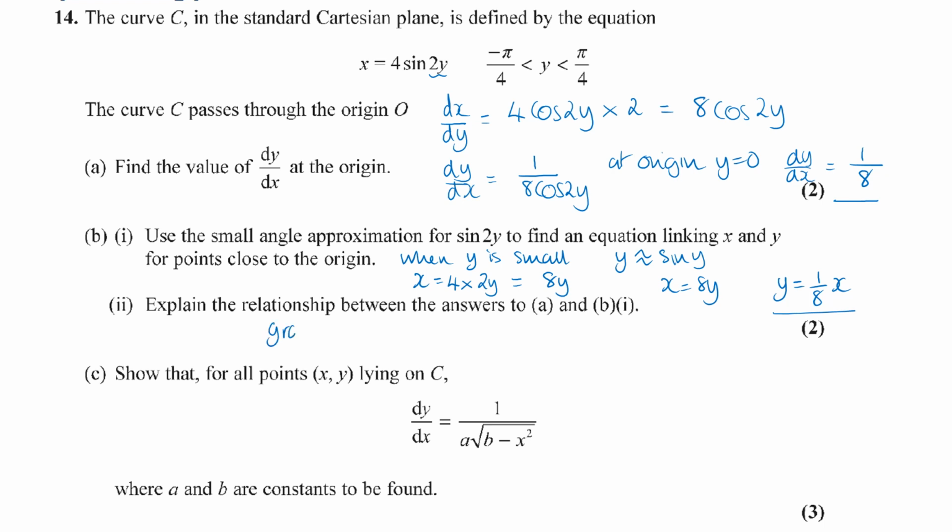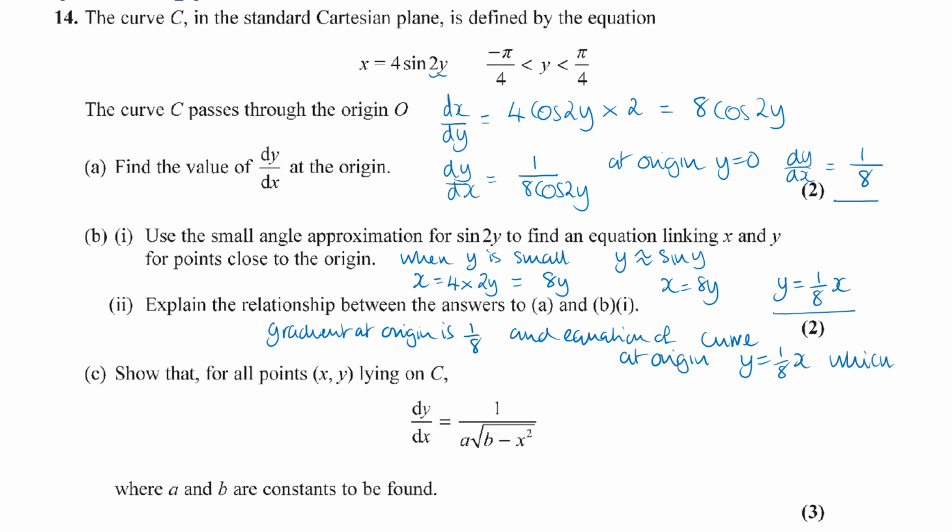So gradient at the origin is 1/8, and equation of curve at origin, because when y is small, is y equals 1/8 x, which also has the same gradient, which has gradient 1/8. So they both have the same results at the origin.